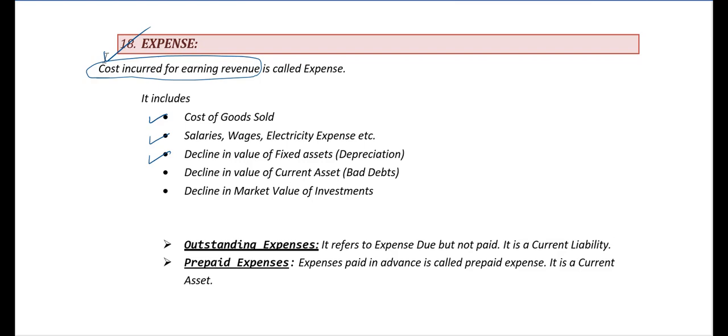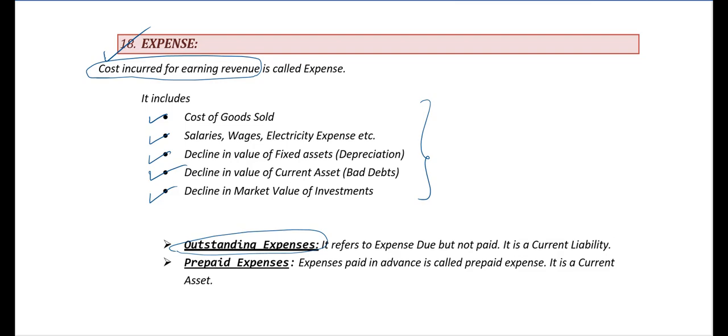It includes bad debts, which is decline in the value of current asset of debtors, and also decline in the market value of investments. So all these are costs which are incurred in order to earn revenue and are called expense.